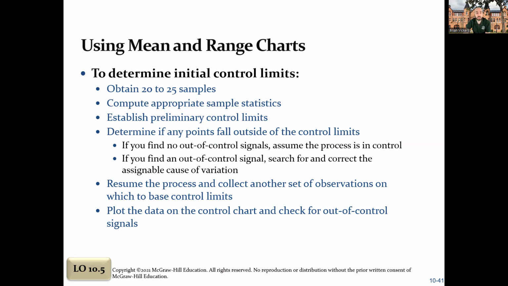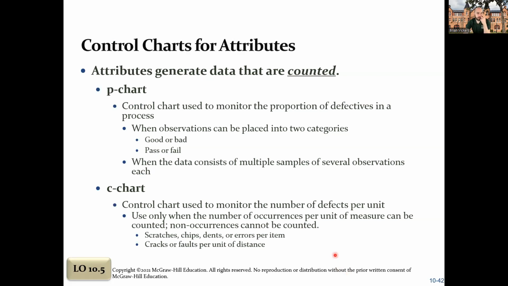I'll come back to this slide here. A couple other charts. So we're focused on X bar and R bar charts, but a P chart would be used to help check type 1, type 2 errors.